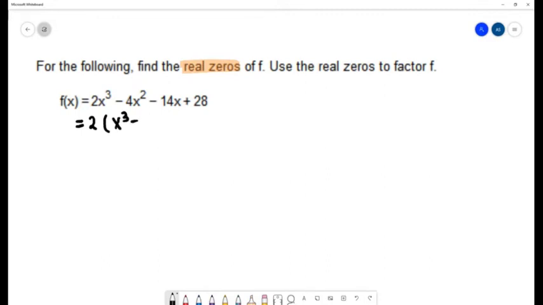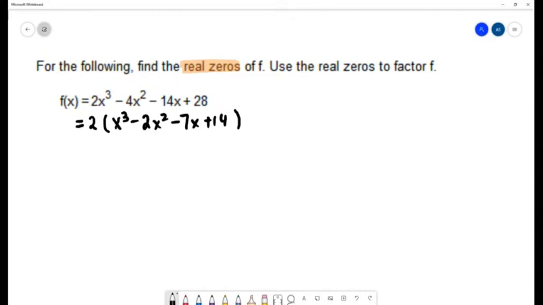I know I said I was going to avoid factoring, but this is going to make a lot fewer choices for us. So if I factor out a 2, I would have 2x squared minus 7x plus 14.